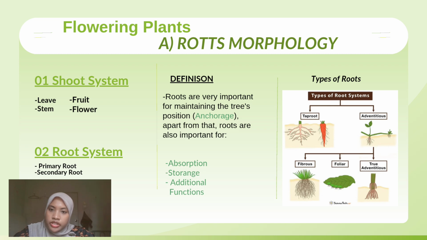In the shoot system, we have four items: leaf, fruit, stem, and flower. For the root system, we have two categories: primary roots and secondary roots. And now you can see the types of roots.